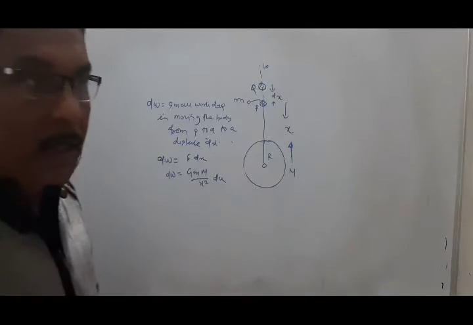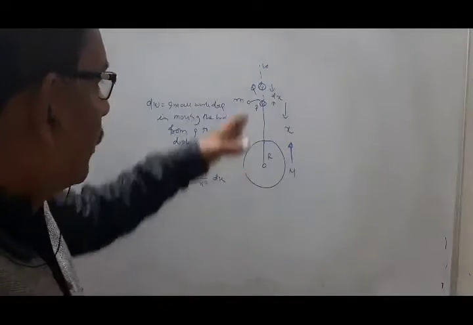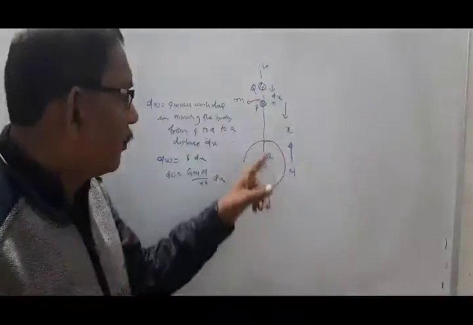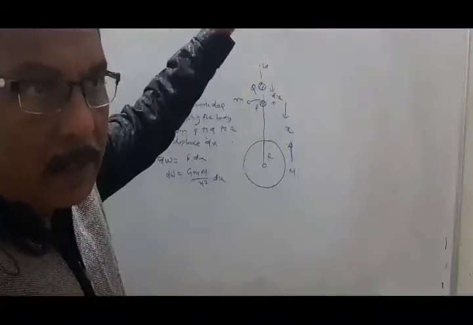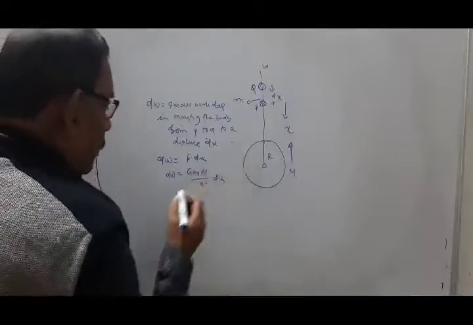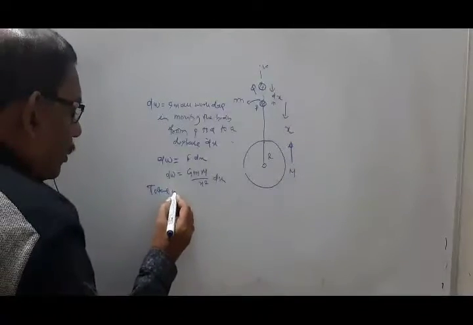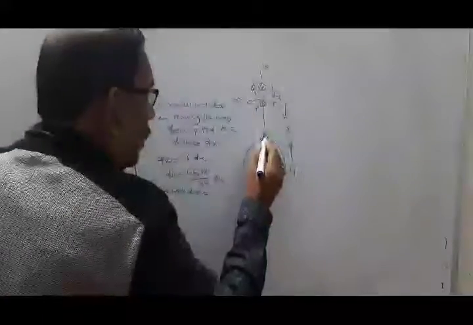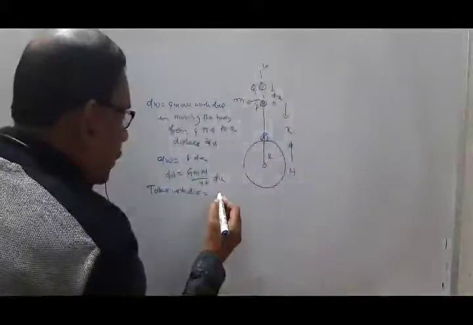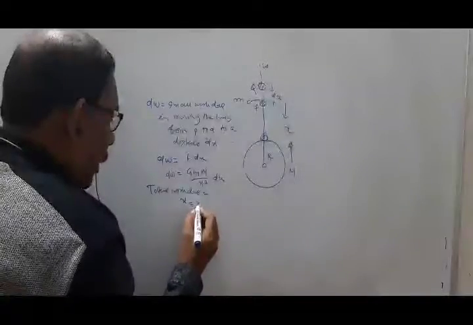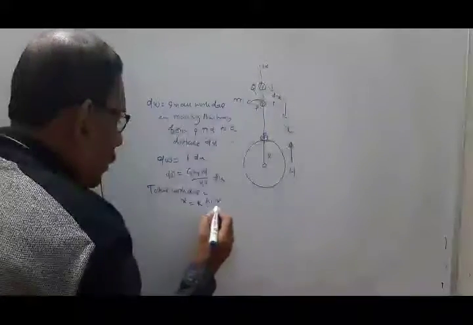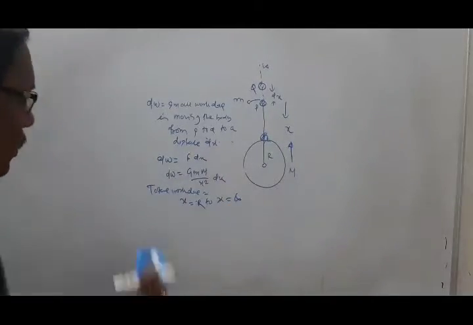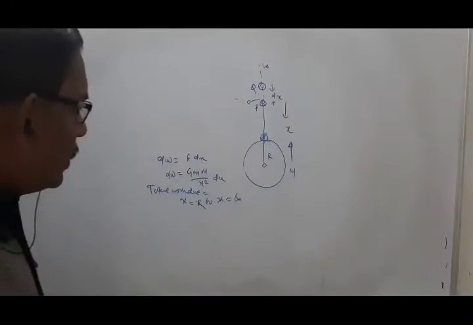Now, what is the total work done on moving the body upward from the surface at R to infinity? That is, x equal to R to x equal to infinity.